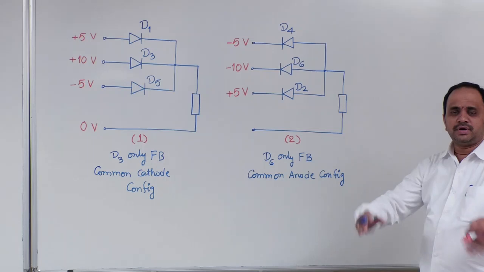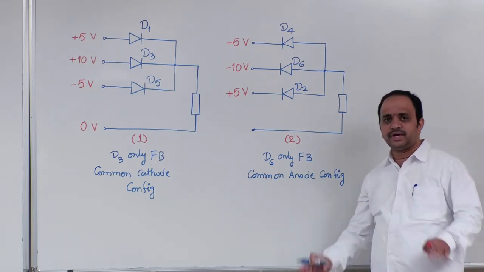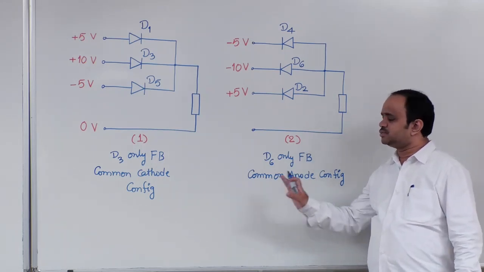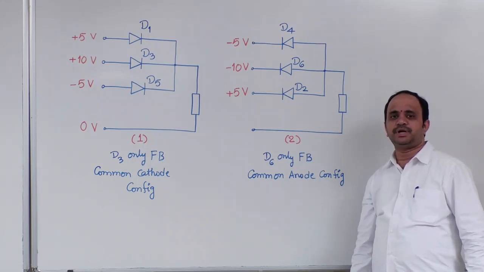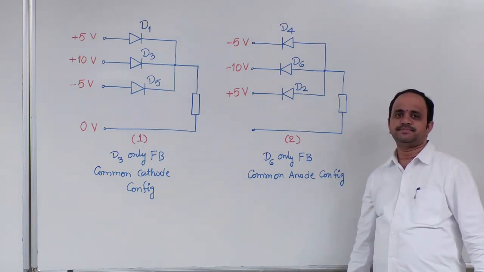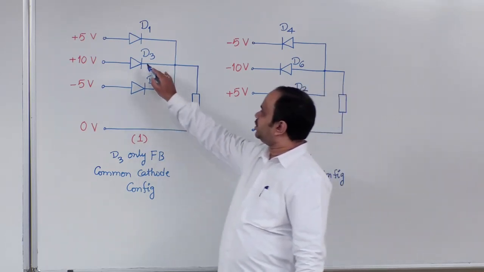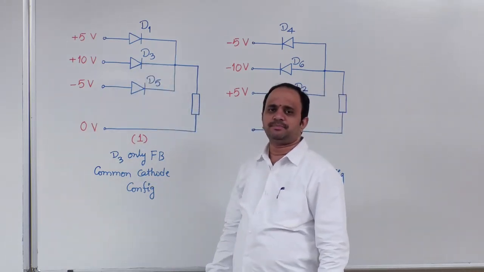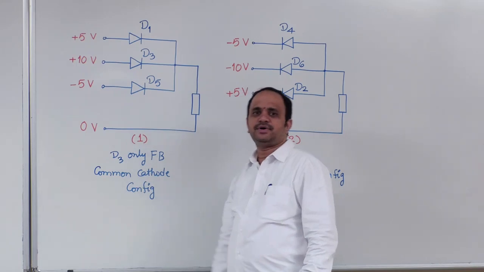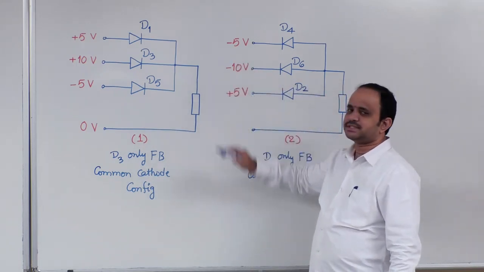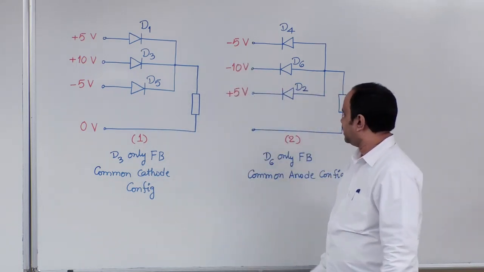Going forward for the full wave rectifier analysis, these two configurations are very important and these are the basic circuits. In common cathode configuration, the diode which is connected to the higher positive potential will be forward biased. Remaining devices will be reverse biased.